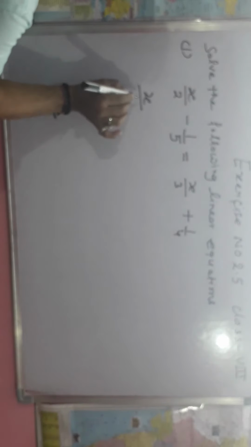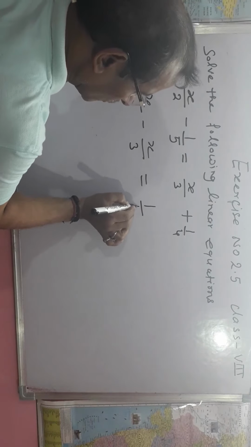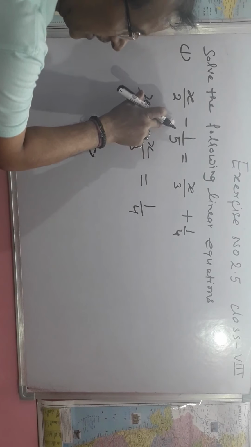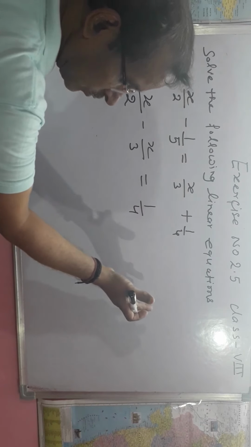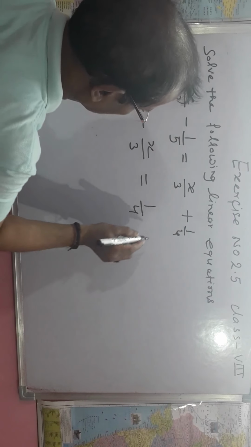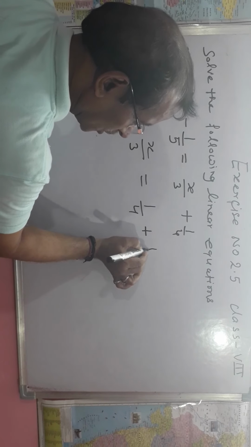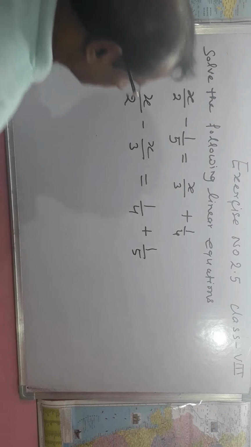Now we take x upon 2 minus x upon 3 is equal to 1 upon 4, and minus 1 upon 5 we bring towards the right hand side. So it will become positive 1 upon 5.